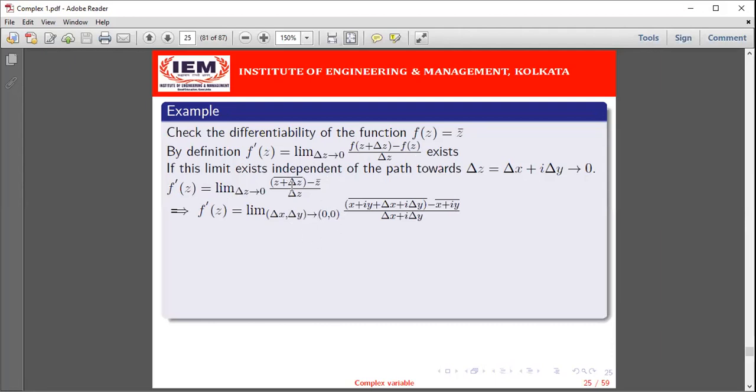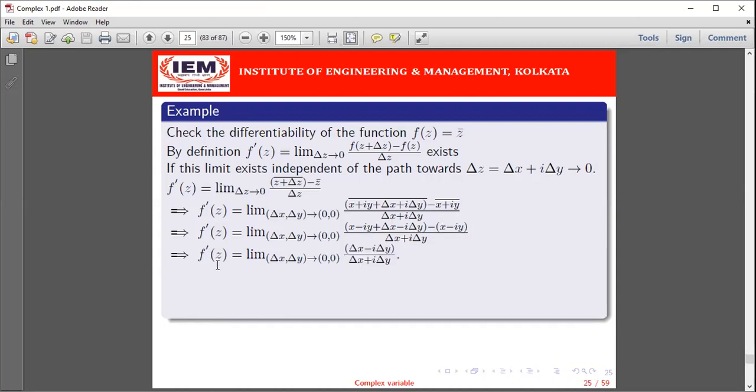And z is x plus iy, and del z is del x plus i del y, so the numerator is (x plus del x plus i(y plus del y)) bar minus (x plus iy) bar. The conjugate of x plus iy is x minus iy, and the conjugate of del x plus i del y is del x minus i del y. Similarly, this will be minus (x minus iy) by this, so x minus iy will be deducted. So this will be the limit as (del x, del y) tends to (0, 0) of (del x minus i del y) by (del x plus i del y).